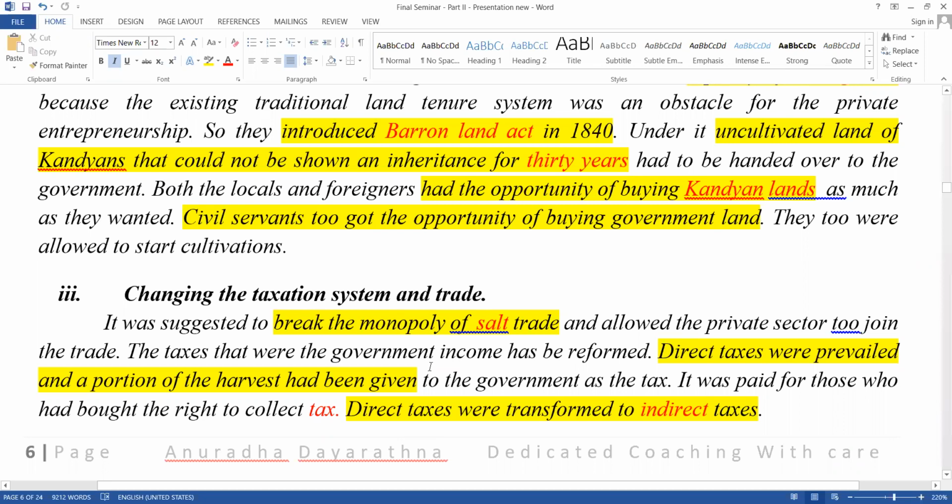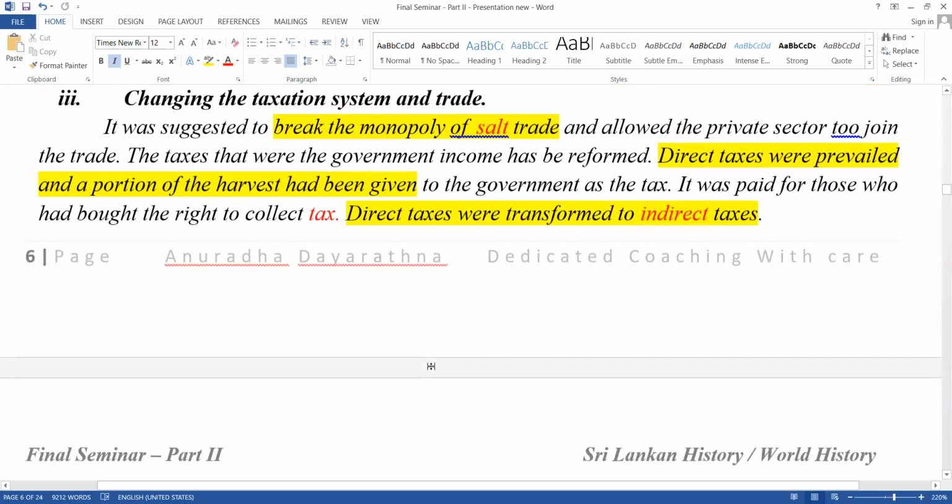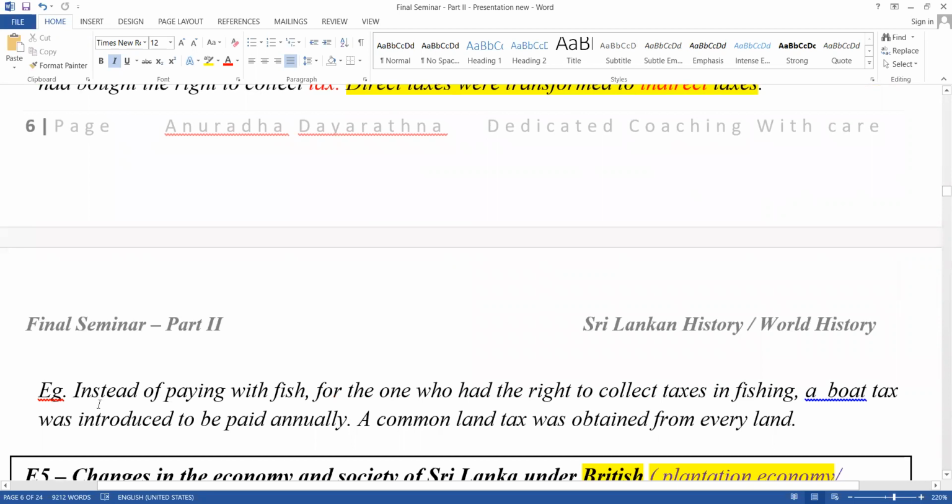They were indirect taxes. Instead of paying with fish to the one who had the right to collect taxes in fishing, a boat tax was introduced, to be paid annually. So that is an indirect tax, a boat tax.